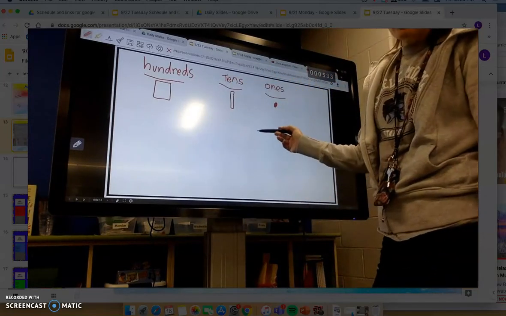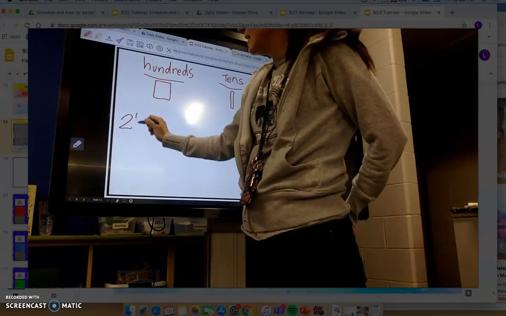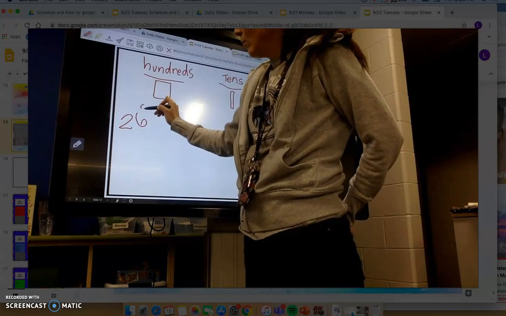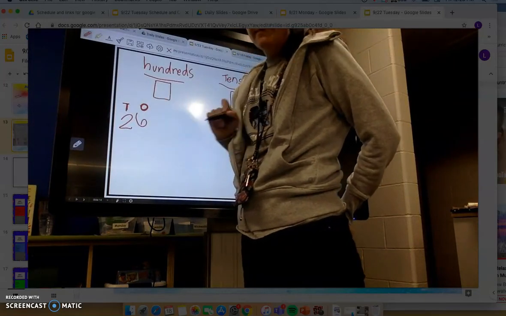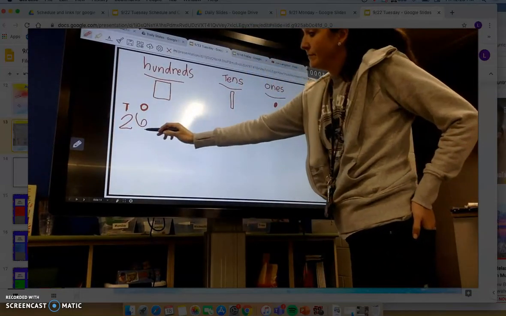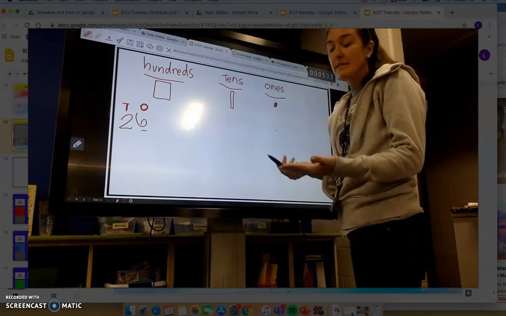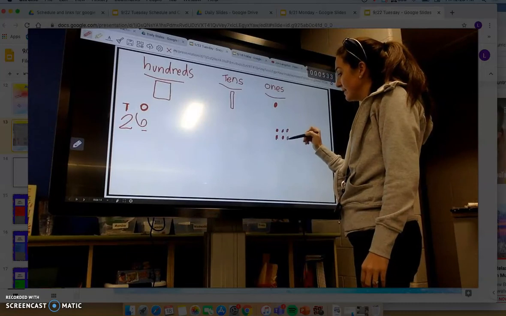So if we were going to get a number like 26, this is our ones column and this is our tens. Okay, so how many ones do I need to draw? Look in the ones column. 6. 1, 2, 3, 4, 5, 6.